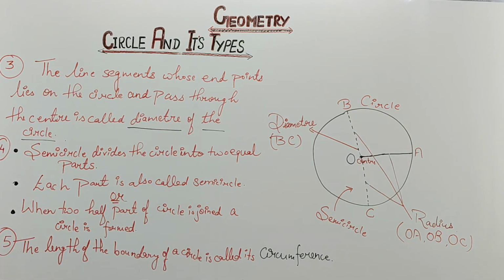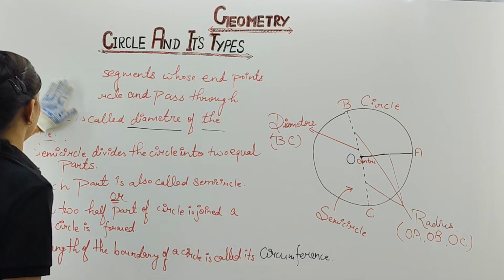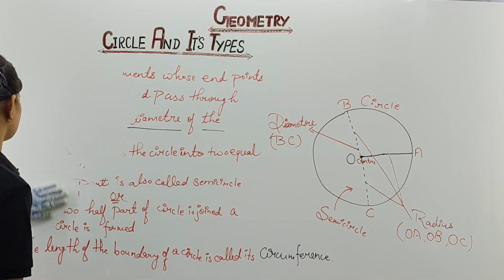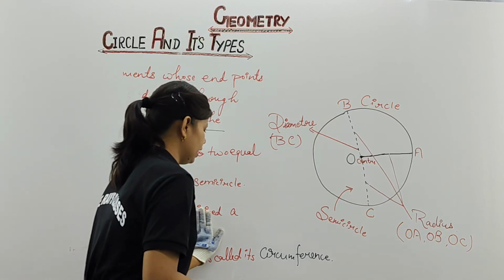Now we are going to move on to the numerical part from this chapter, and there we are going to discuss first the relation between diameter and radius of the circle. Okay. Now mark your heading, relation between radius and diameter of the circle. So what is the radius?